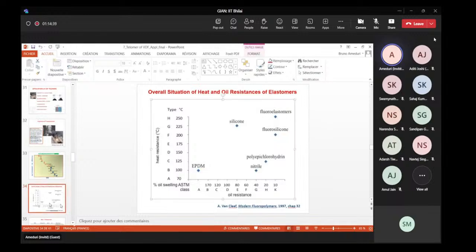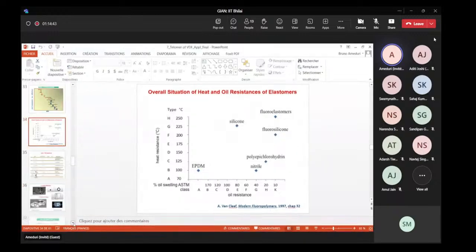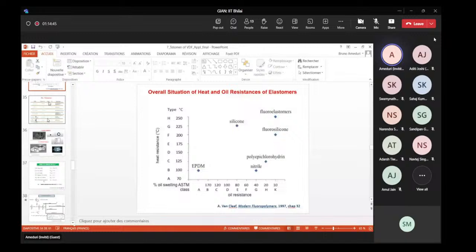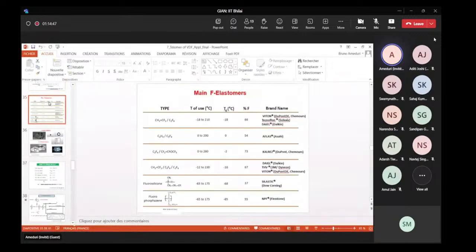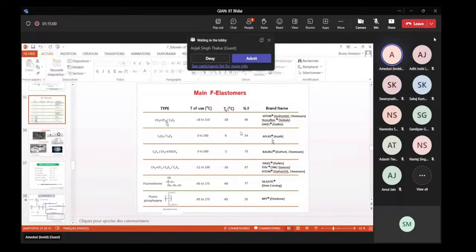These requirements are very important. If you look at the comparison between the main fluoroelastomers, usually you have some VDF, HFP elastomers, like Viton, Technoflon, or even AFLAS, but the Tg is not so low, still too high.